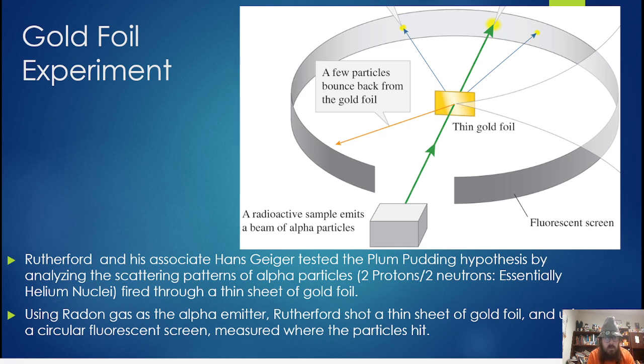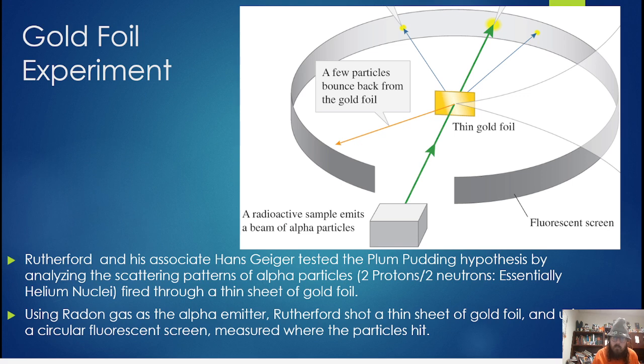Rutherford and his associate Hans Geiger, of Geiger counter fame, developed this experiment to test the hypothesis of the plum pudding model. He's going to shoot alpha particles through a very thin gold foil.